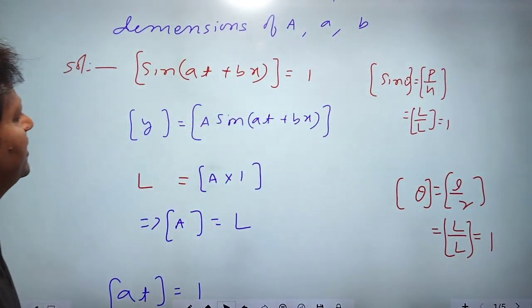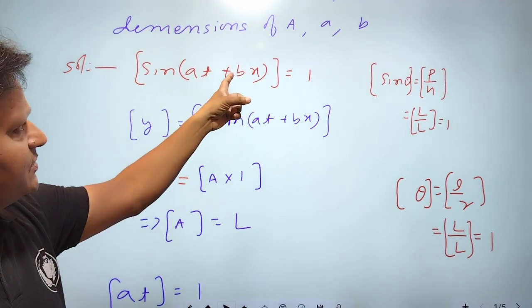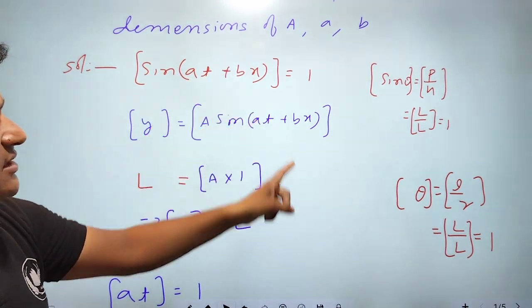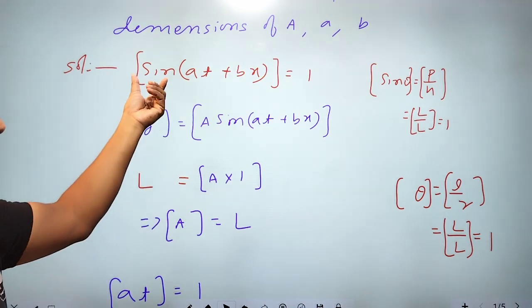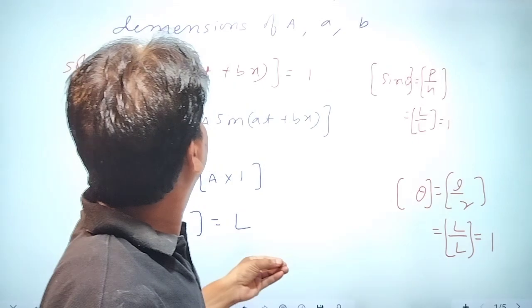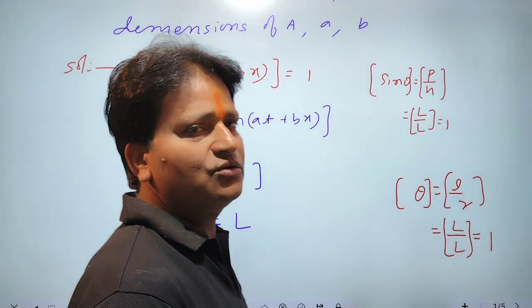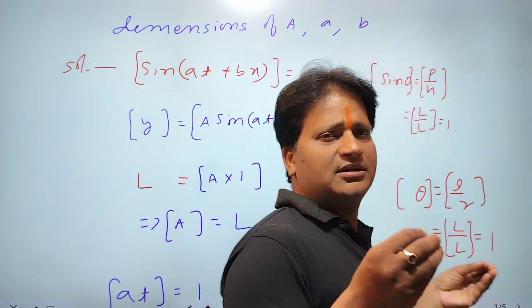Okay? Here sin(at plus bx) is dimensionless, because any trigonometrical function has no dimension, means dimensionless.